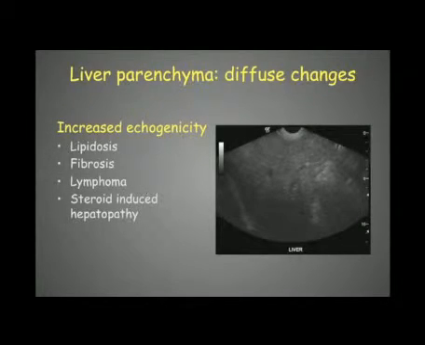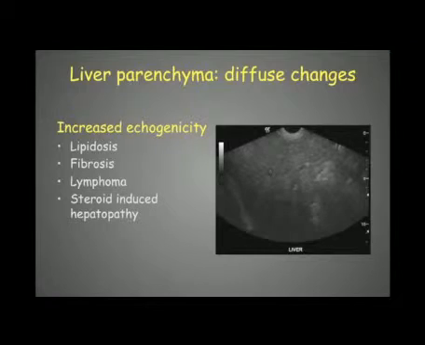So this increased echogenicity can be due to different things. It can be due to lipidosis, fibrosis, lymphoma, or steroid-induced hepatopathy. Sometimes in some chronic hepatitis we can see that as well. With lipidosis, we will observe here, like in this case, an increased attenuation of the ultrasound beam.